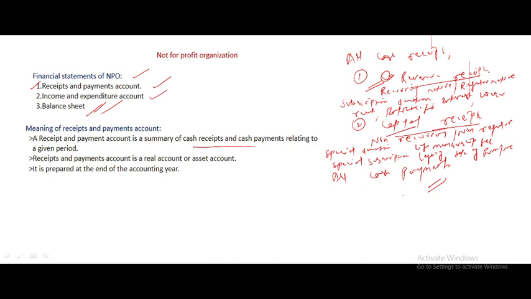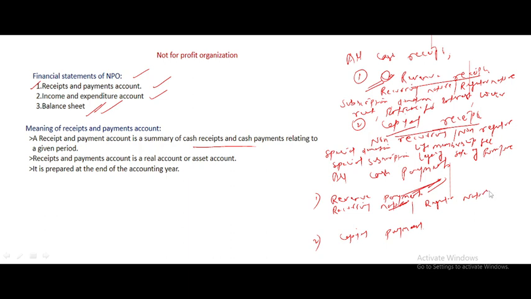Now there are two payments. First is revenue payments, and second is capital payments. Revenue payments means those payments which are in recurring nature or regular nature.